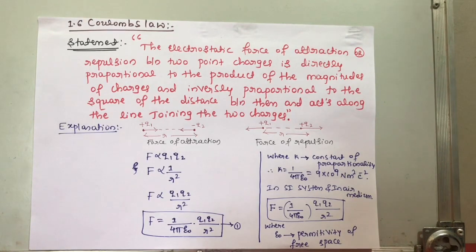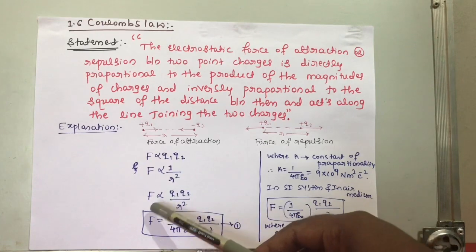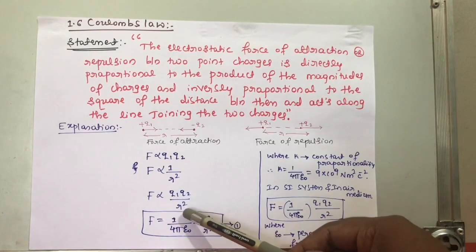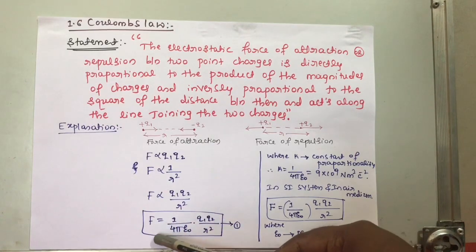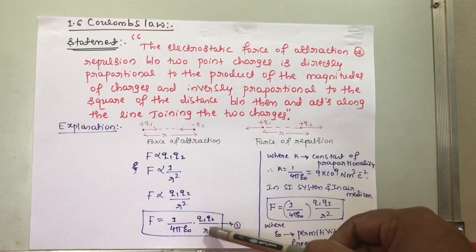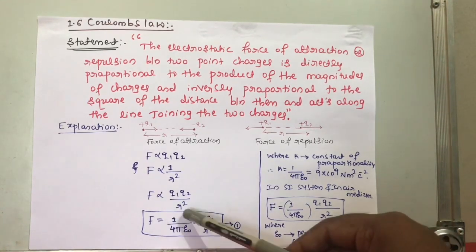F is directly proportional to Q1 Q2 and inversely proportional to 1 by r square, that is, directly proportional to the magnitude of the charges and inversely proportional to the square of the distance between them. When you combine these two, you get F proportional to Q1 Q2 divided by r square, or F is equal to 1 divided by 4 pi epsilon naught, Q1 Q2 divided by r square. This is the constant of proportionality, K.